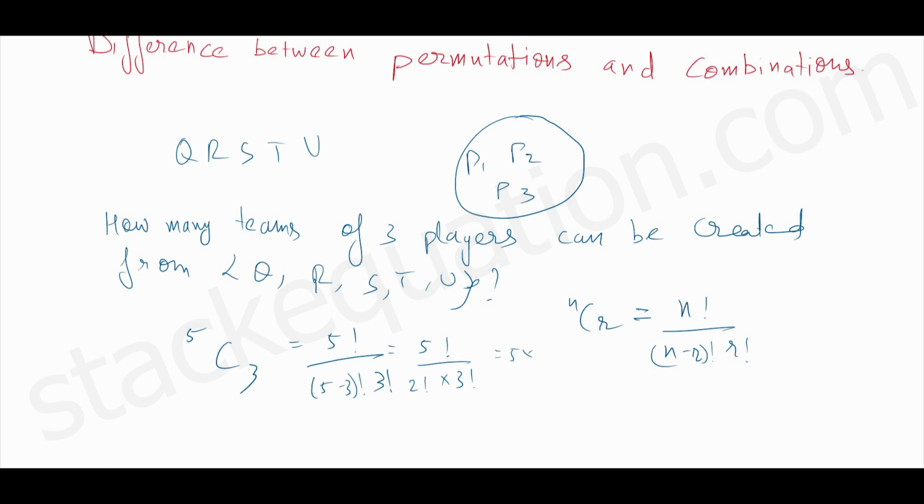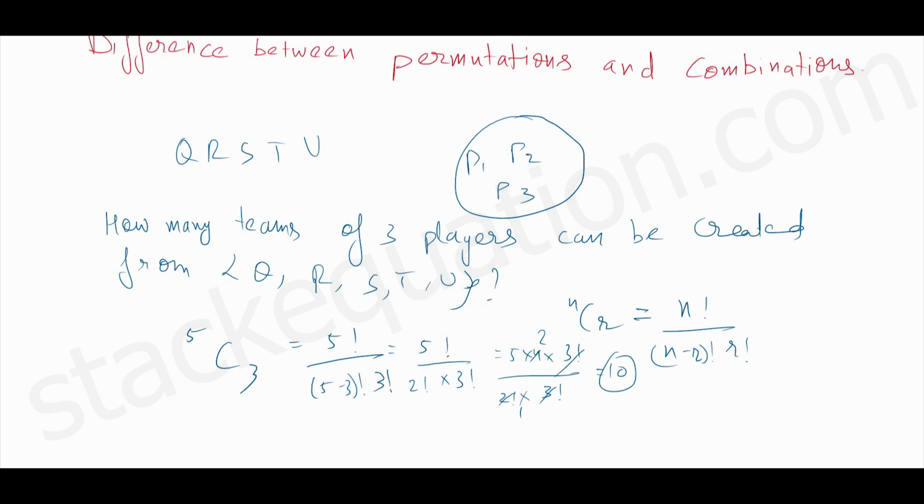That is 5 into 4 into 3 factorial by 2 factorial, 3 factorial, and 3 factorial gets cancelled. This is 20 by 2 into 1, which is 2, and so total 10 teams of 3 players can be created from Q, R, S, T, U. Okay.